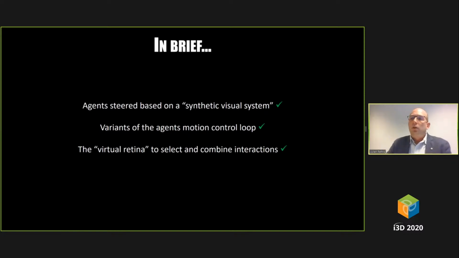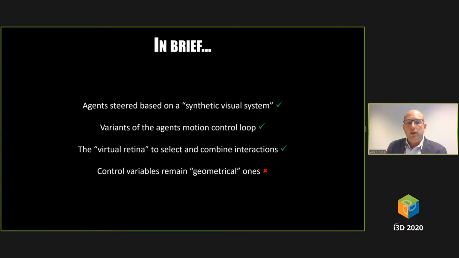Something we could also say about this is it's not exactly visual information we are providing to the agents. It's more like geometrical information. So those DCA, TTCA values are computed from the simulation and directly projected to the virtual retina.